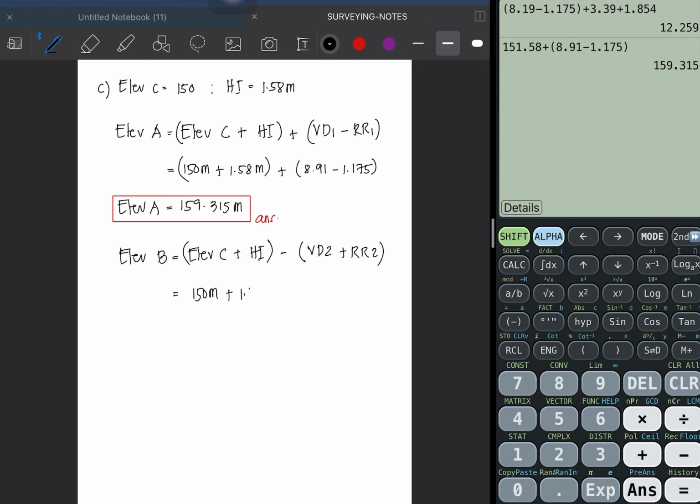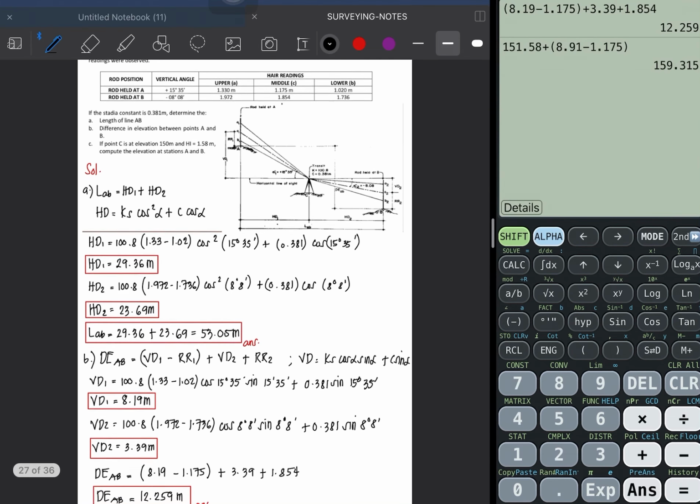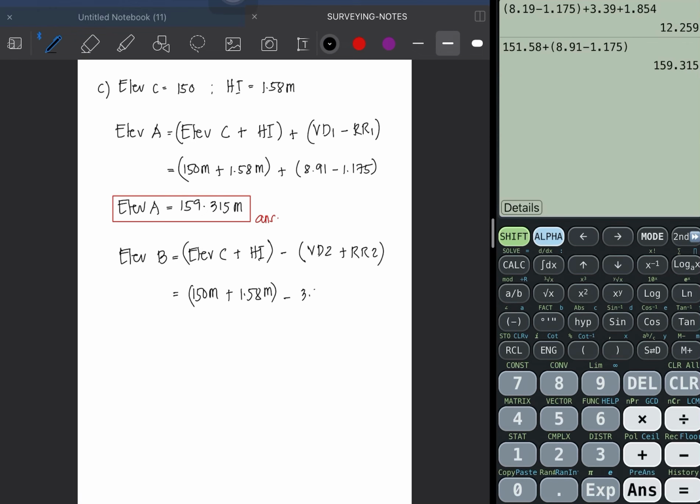So therefore, that is 150 plus 1.58, then minus the VD2, which is 3.39, plus the RR2, which is 1.854.